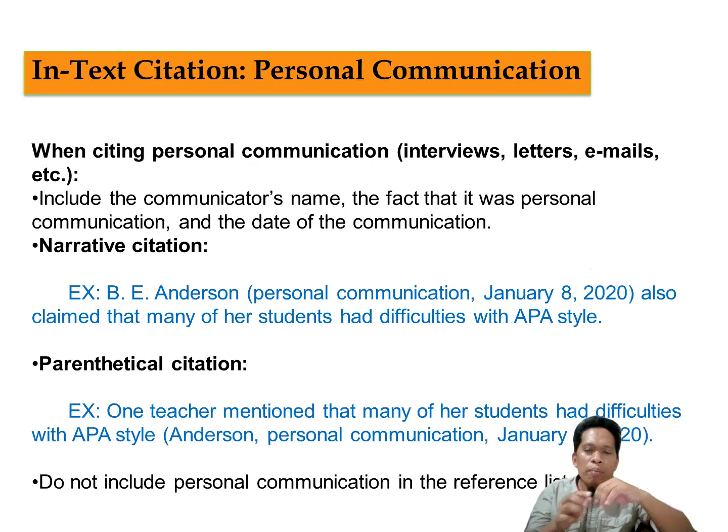Now, personal communication. When citing personal communication like interviews, letters, emails, etc., include the communicator's name, the fact that it was personal communication, and the date of the communication. So you have an example there. Again, include the communicator's name, indicate that it was a personal communication, and the date of the communication.